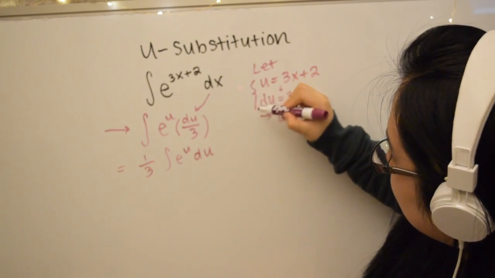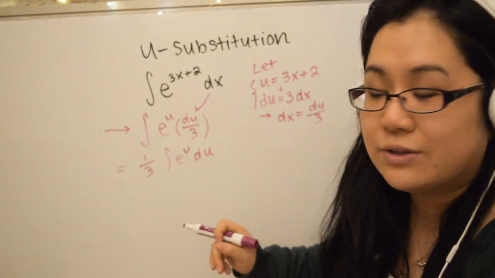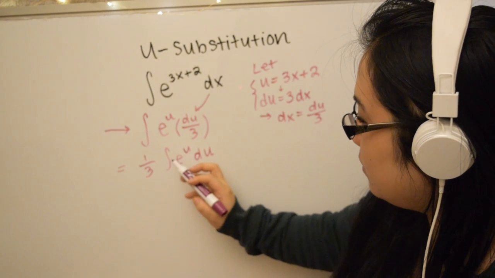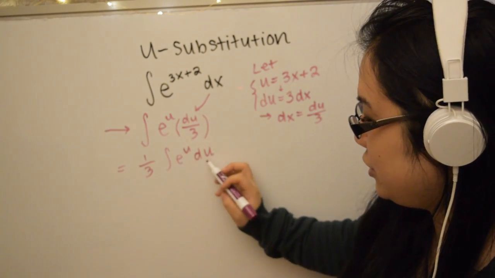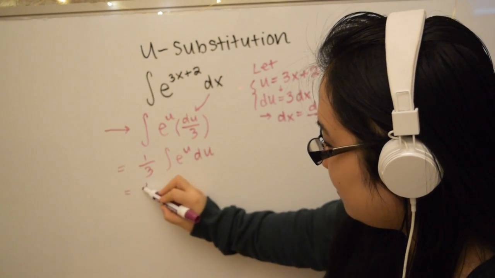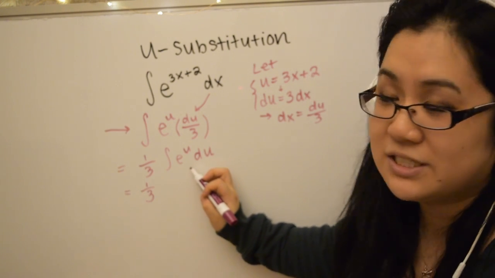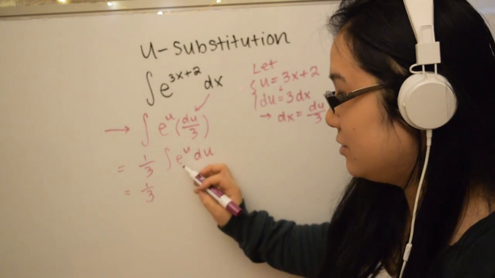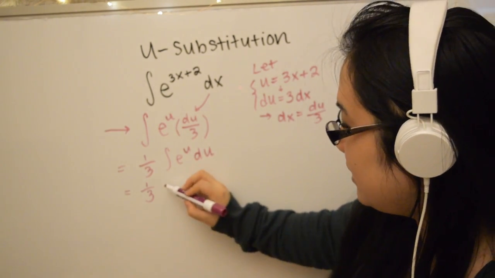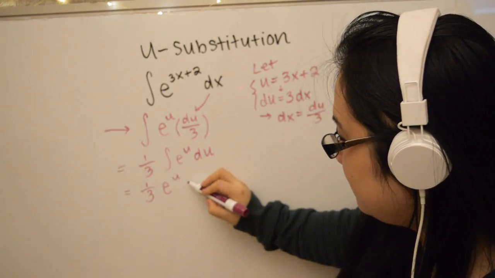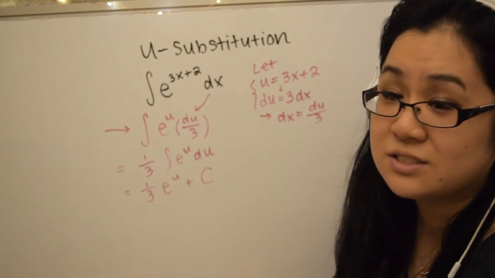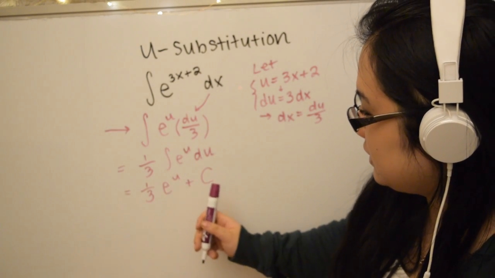So we have our two parts. Now that we've substituted, we have a problem in terms of u. This we do know. Now we have our basic integral. What's the integral of e to the u du? It's e to the u, and then we put in our plus c for constant.